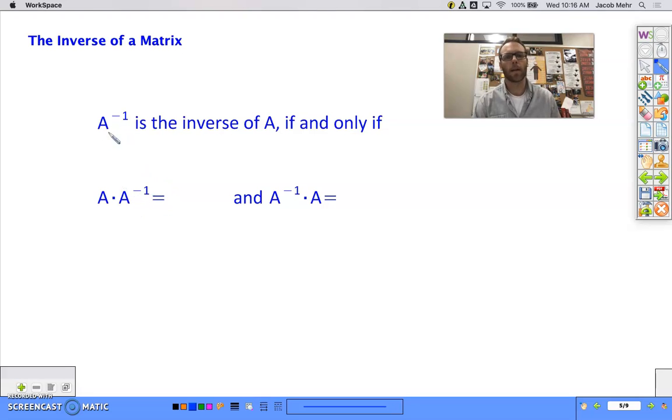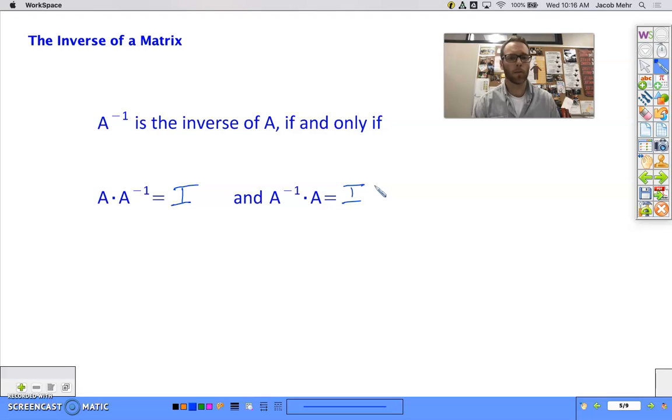If I take a matrix times its inverse, we think about inverses canceling each other out. We're going to get the identity matrix. And if we flip the order and take the inverse of the matrix A times A, we will get the identity. So it's the inverse matrix if and only if when you take A times its inverse, you get the identity, or if you take the inverse times A, you get the identity.